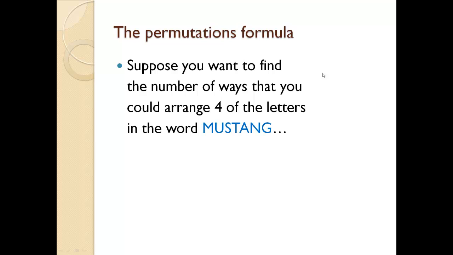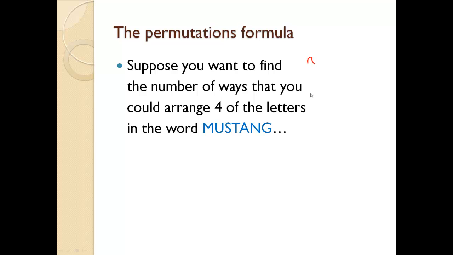Suppose you want to find the number of ways that you could arrange 4 of the letters in the word Mustang. Okay, now I know there are 1, 2, 3, 4, 5, 6, 7 letters in Mustang, but we only want to arrange 4 at a time. So to do this, there is a formula to do it, the permutations formula. Now there's 2 variables.